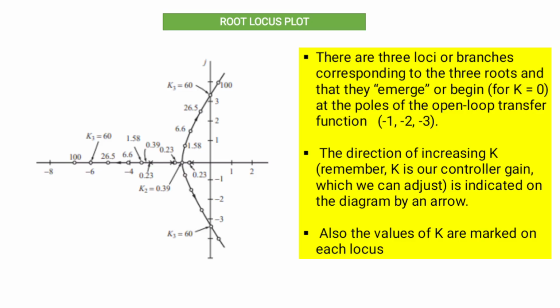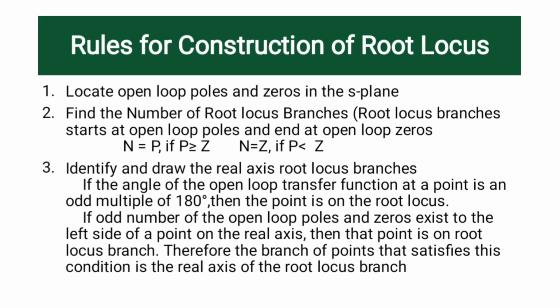If P is greater than or equal to Z, the number of root locus branches is equal to the number of poles. If P is less than Z, in that case, the number of root locus branches is equal to the number of zeros, that means the number of roots in the numerator.